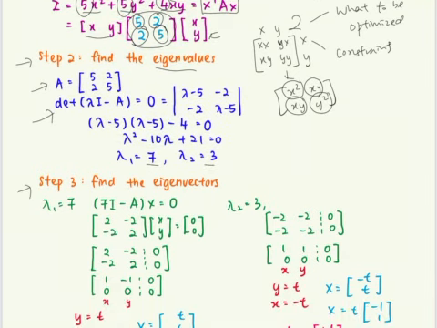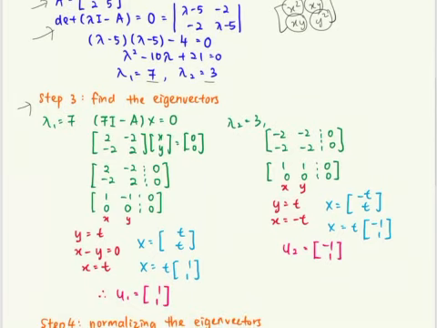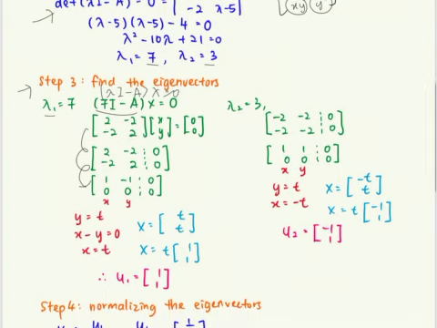So after you have the eigenvalues, definitely you have to deal with the eigenvectors. So you substitute the eigenvalues into this equation, lambda I minus A times x equals 0. You reduce it to get the reduced row echelon form. So we have the leading one for the x unknown without the leading one for y, so y will be the free variable.